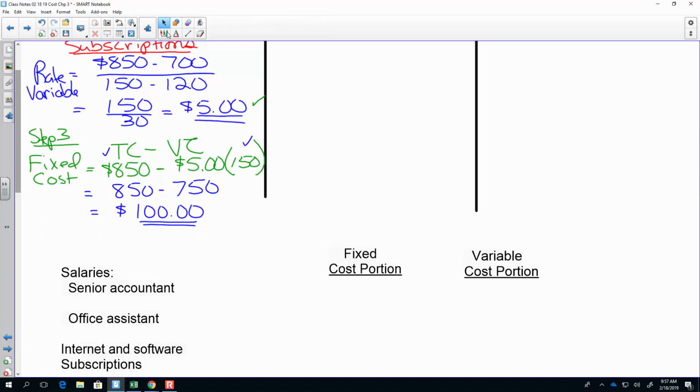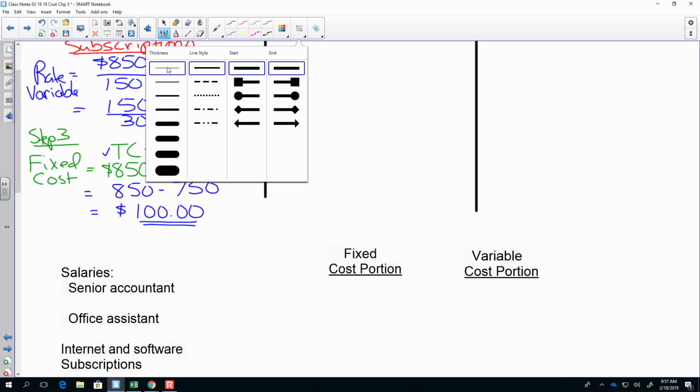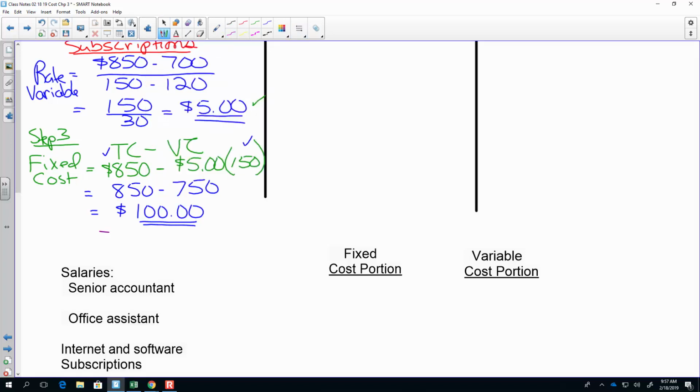So I want to identify our two answers here. Here. Gets kind of messy otherwise. Using the high-low method. Wow.